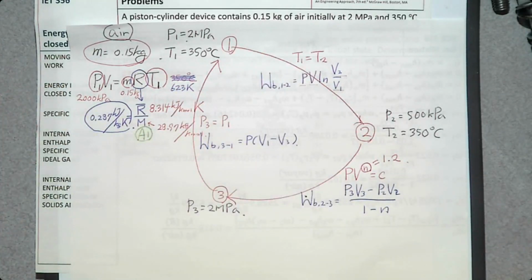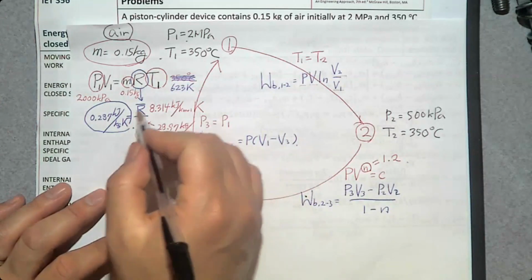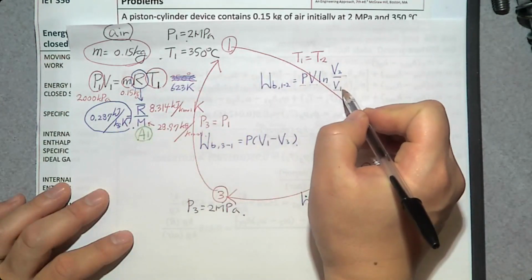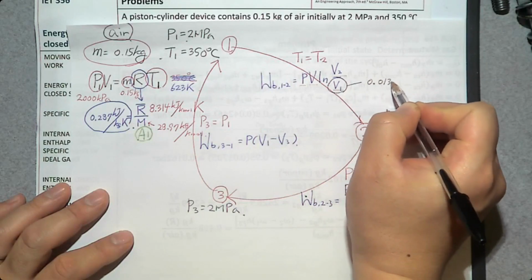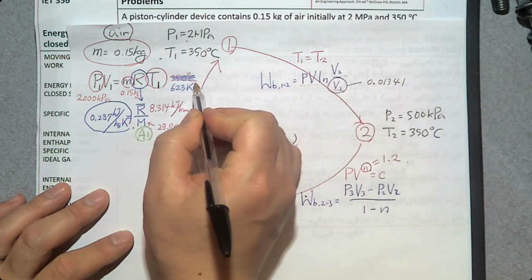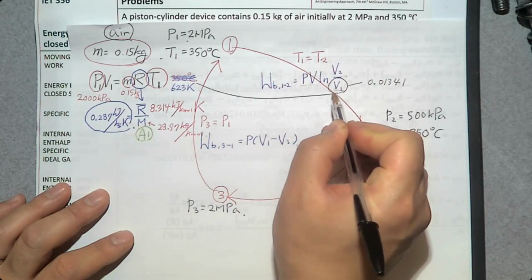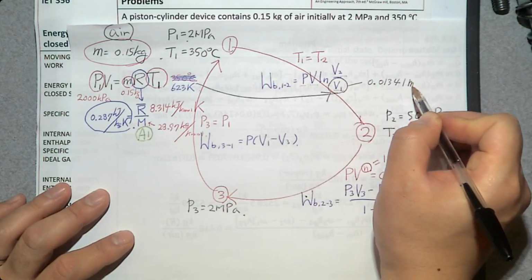Then you can determine V1. So if you do, V1 is 0.01341 cubic meters from this ideal gas equation.